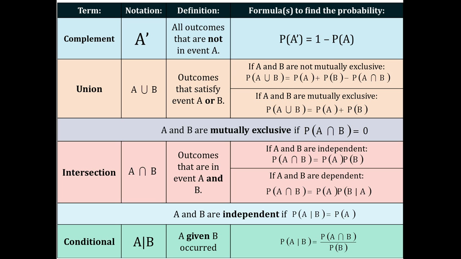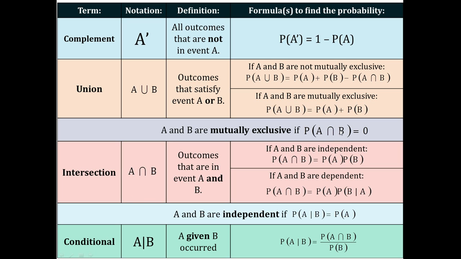Just like the gender example, there's no students that are both male and female. So that would be mutually exclusive events. The notation for mutually exclusive would be if the probability of A intersection B equals 0. A intersection B, the upside down U stands for and, like we'll go over in a minute.